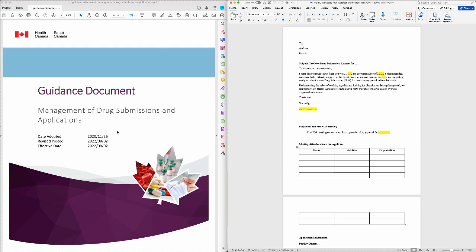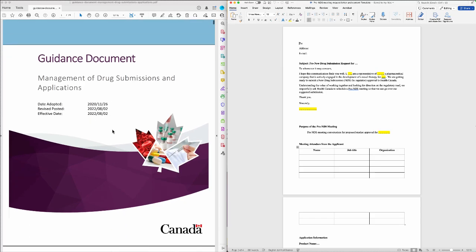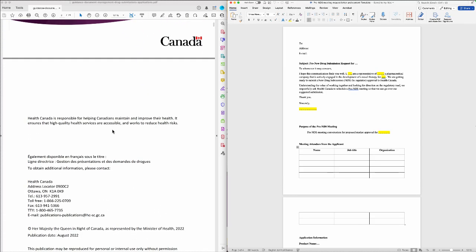And then, in the case of a new drug submission meeting with scientific reviewers, we are going to wait so that we are going to have a time in order to meet with Health Canada scientific reviewers. So what I'm going to do now is look into, again, the table of contents.